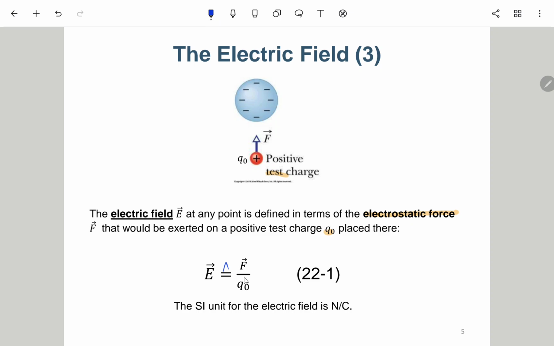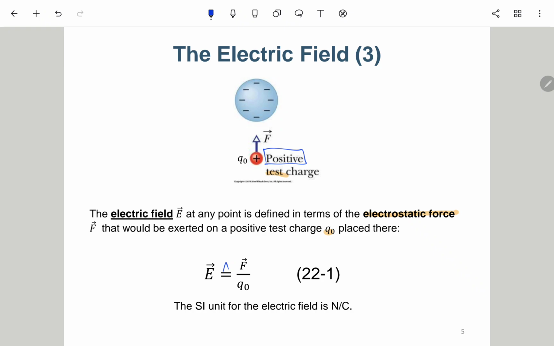Because if you need to define this force, there must be another charged particle. So we assume there is a positive test charge, and what is important is this should be positive. If it is negative, the direction of the force is the other way around.